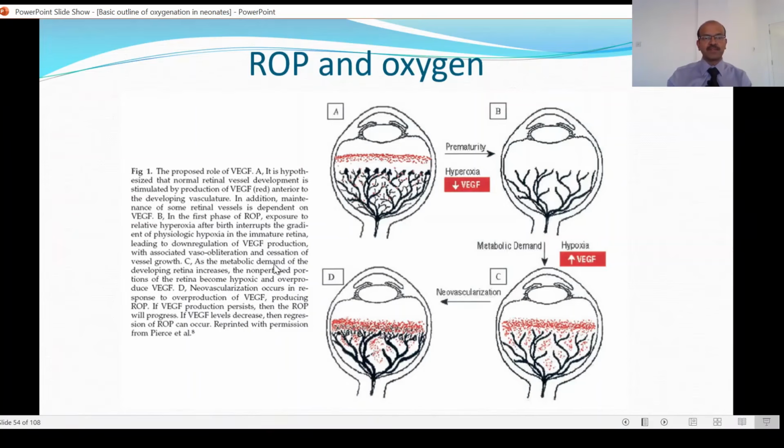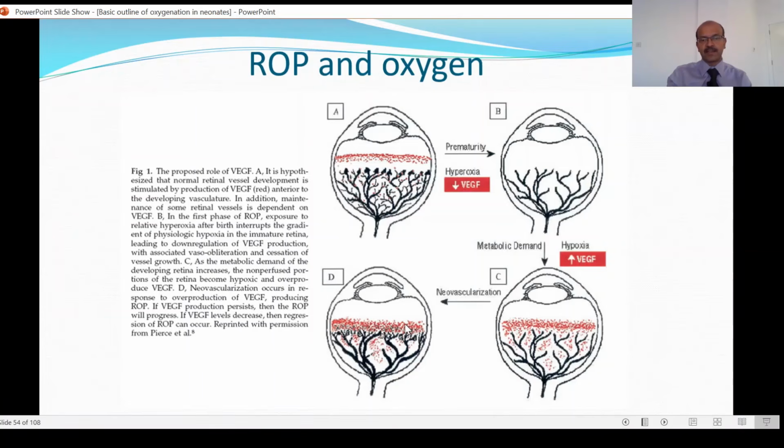This is associated with vasoobliteration and cessation of vessel growth, which is seen as a ridge in the early stages of retinopathy of prematurity. As the metabolic demand of the developing retina increases, the non-perfused portion of the retina becomes hypoxic. So the blood vessels are not available, so that area becomes hypoxic, and there is overproduction of VEGF as a result.